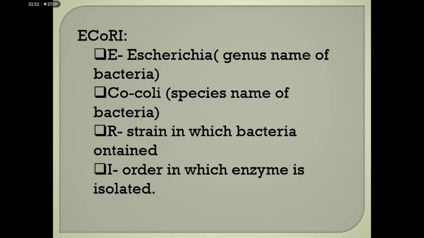That means this plasmid is obtained from the species Escherichia coli. Then R stands for the strain from which the bacteria was obtained. The last one, I, stands for the order in which the enzyme was isolated. Here one is the first, so this enzyme is obtained first from this bacteria.